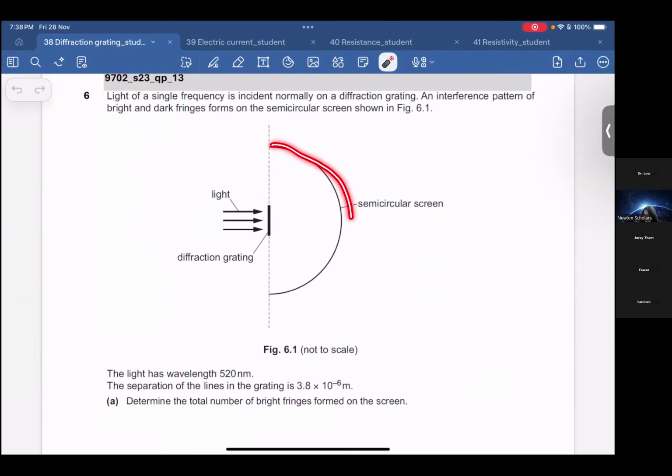If you are using a semicircular screen, that means the maximum angle can go to 90 degrees. We can observe until here. Next, the wavelength. It is in nano, so please remember to convert it. It will be 520 times 10 to the power of negative 9 meters.